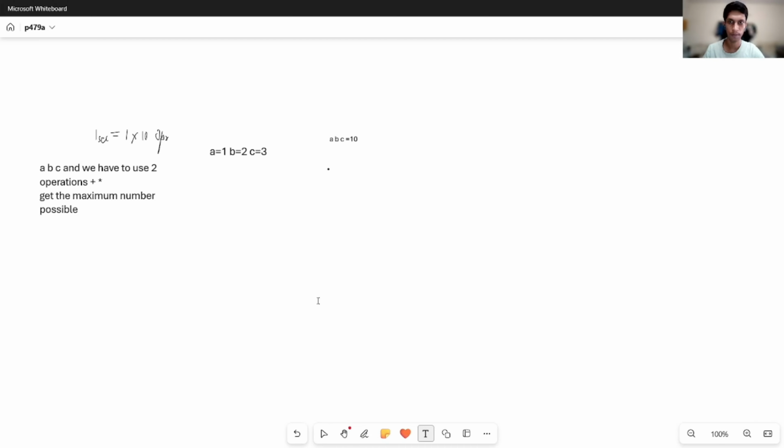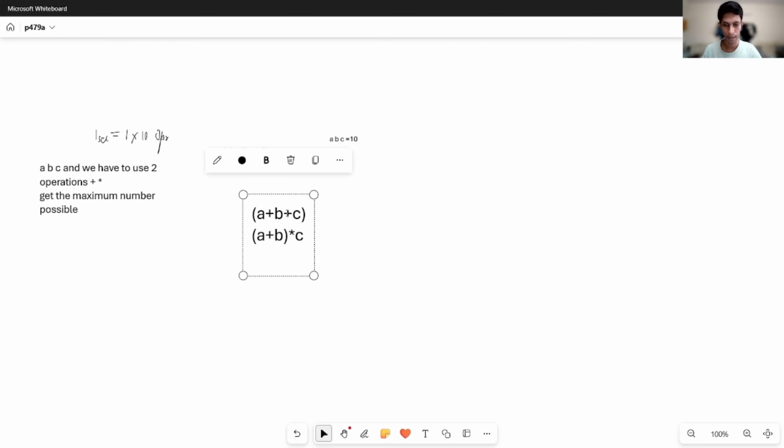The first one is A plus B plus C, where we add all three. In the second case, we can add A and B and multiply C to it. In the third case, we can multiply A into the summation of B plus C. In the fourth case, we can multiply all three together.